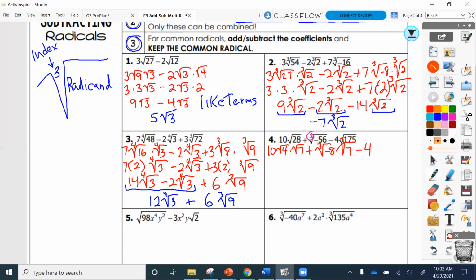Now we're talking square root of 25 times 7, since 7 times 25 is 175. Now we'll simplify. We've got 10 times 2 root 7, plus -2, cube root of -8 is -2, root 7, minus 4 times 5 root 7.